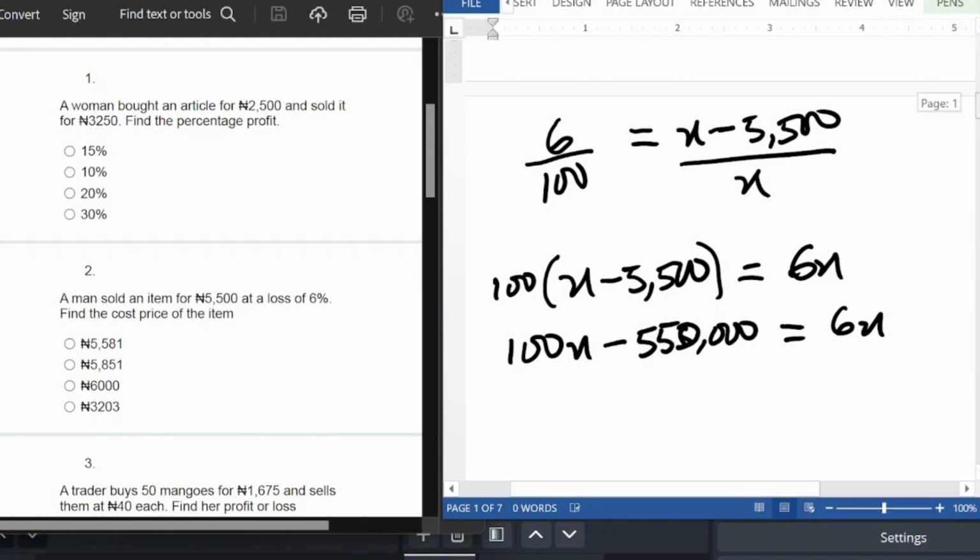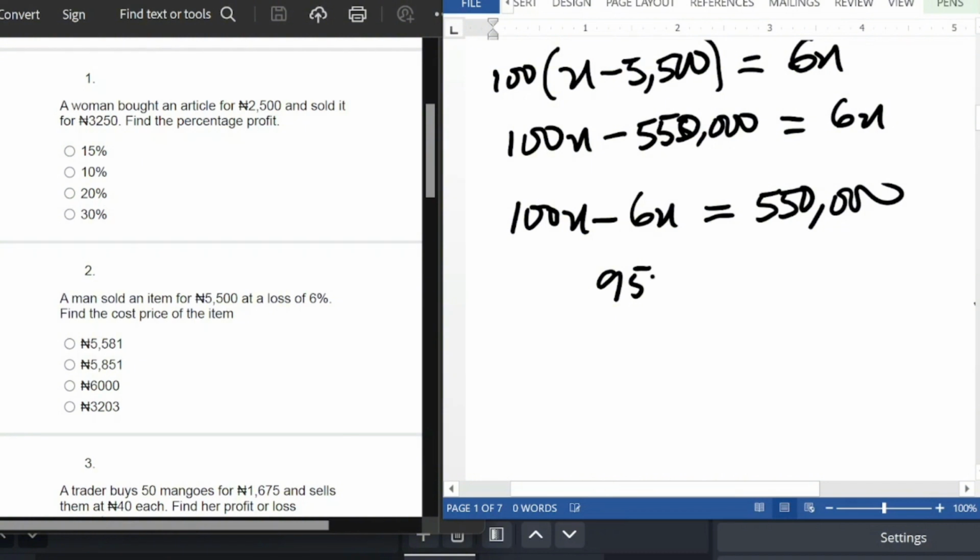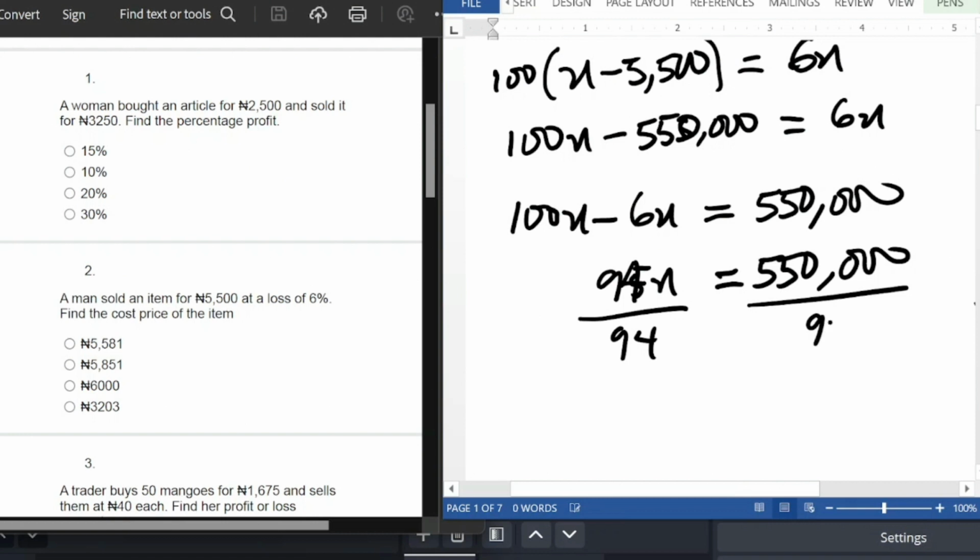Collecting like terms, 100x minus 6x equals 550,000. So this will give us 94x equals 550,000. So we divide both sides by 94.